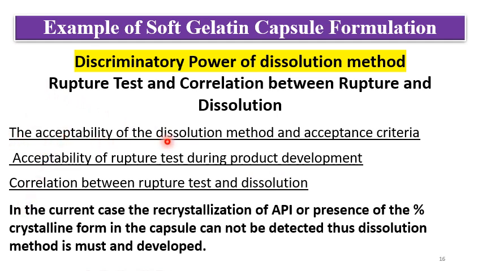So the acceptability of the dissolution method and acceptance criteria is important. Acceptability of the rupture test during drug product development is very important, and correlation between rupture test and dissolution is important. In the current case, the recrystallization of API or the presence of percent crystalline form in the capsule cannot be detected by the rupture test. That's why the dissolution method is a must and is developed. It is a must for the development.